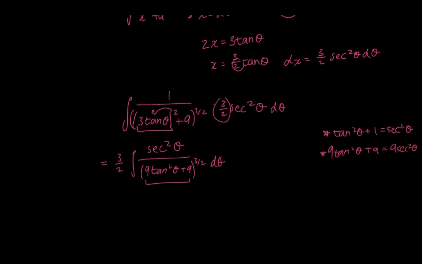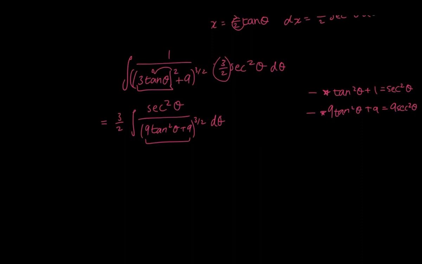The only difference between this identity and this one is the factor of 9. So this is going to be equal to 3/2 again, not changing anything, just to simplify things, secant squared theta all over 9 secant squared theta to the power of 3/2 d theta.